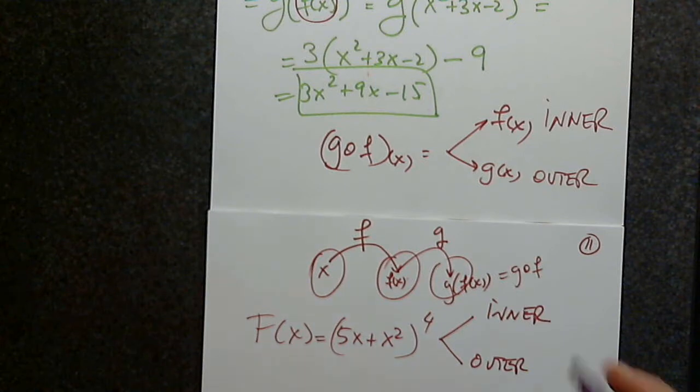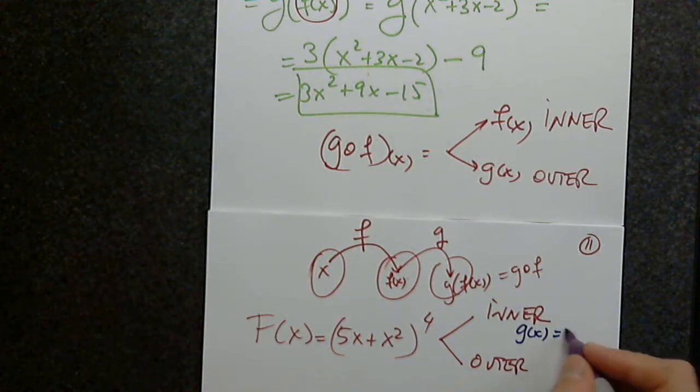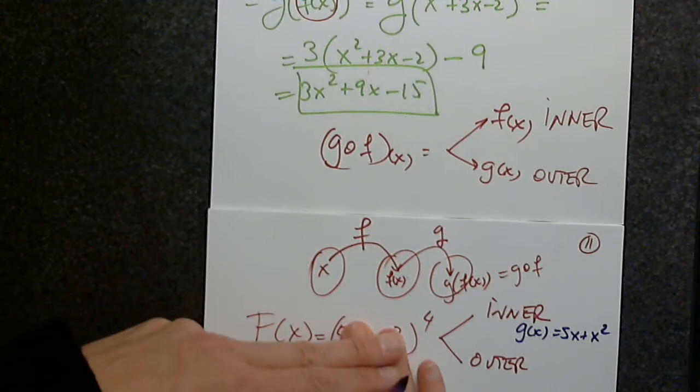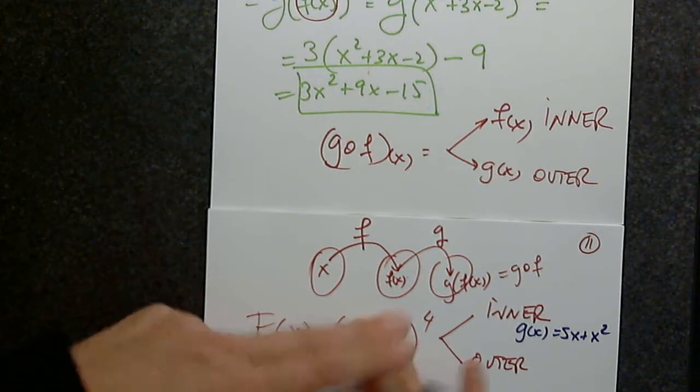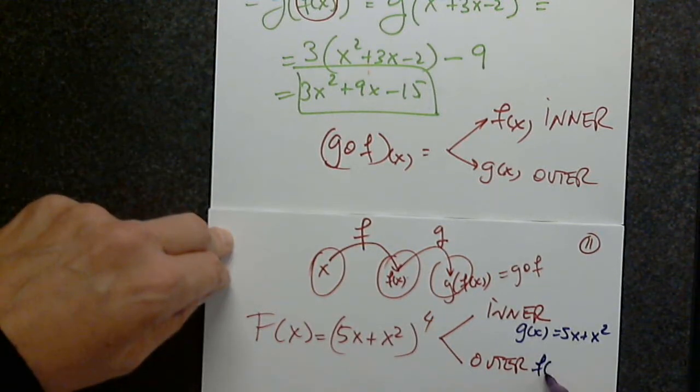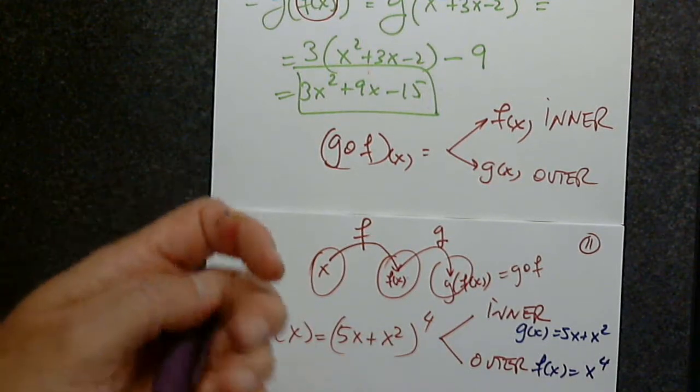So what is the inner? Let's call it g of x. Excellent. 5x plus x squared. Now you're done. You get one number. Which function do you apply to this number? That's it. So let's call it f of x, x to the 4th.